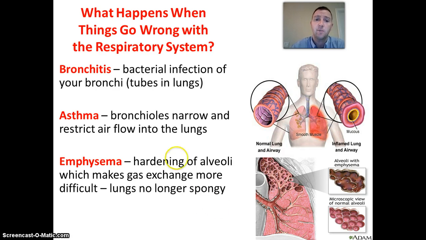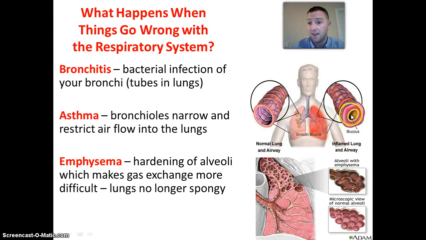So bronchitis is when bacteria infect the bronchi tubes in your lungs. So here's a normal bronchi tube, nice and clear, nice and wide, nice and open. Lots of air can get through. When there's an infection, you start secreting mucus to catch those bacteria, and it becomes inflamed, which means this is way narrower than this is.